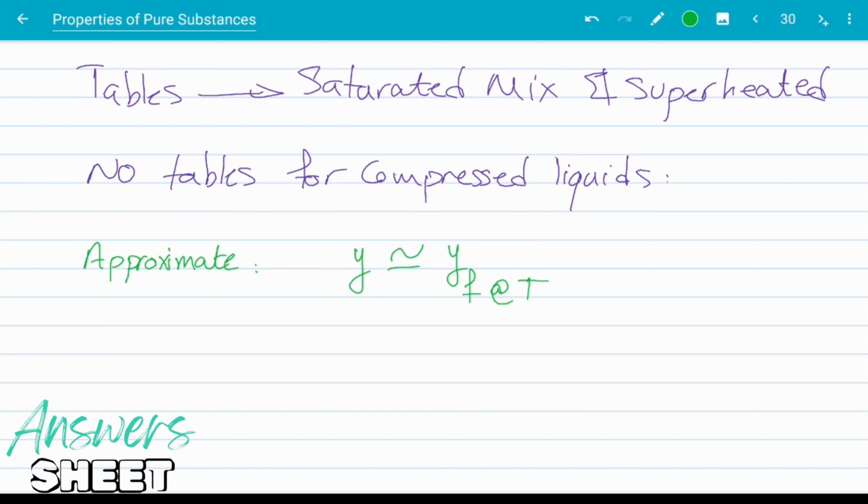Because we don't have a table dedicated to compressed liquids most of the time, what we do is read the temperature, and if we are in the compressed liquid but don't have enough data, we go and read the property at the same temperature for saturated liquid and take it as the property of our compressed liquid. So keep this in mind. For saturated mixture and superheated region, there is no need to worry. We always have tables for them.